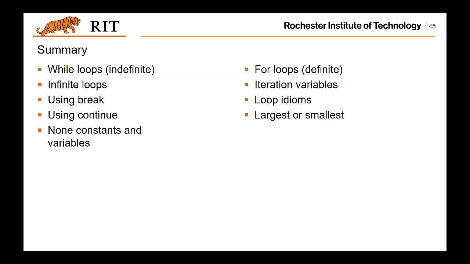Then we talked about the for loops. The for loops are basically used to scan a series of data, which is stored in a list or array. There is an explicit iteration variable. Also, what you can do with the for loops, the different patterns for the for loops.